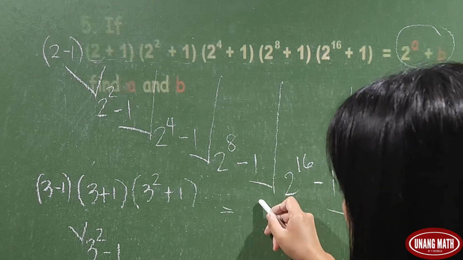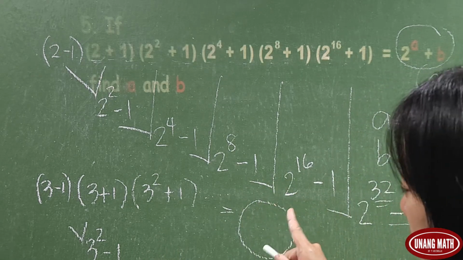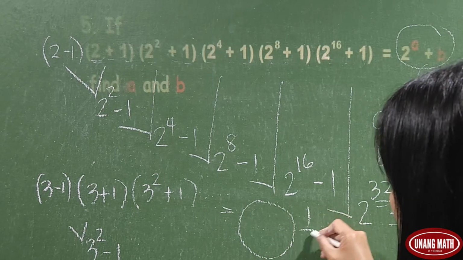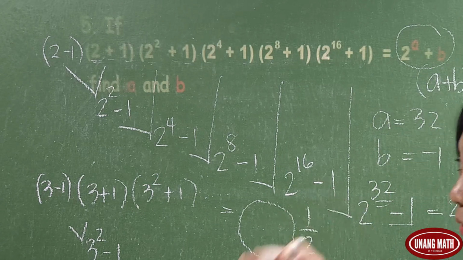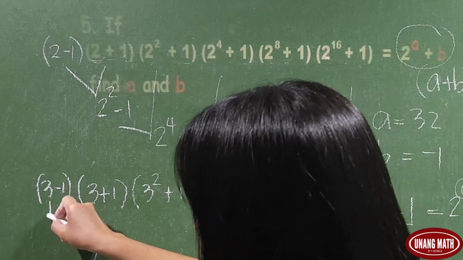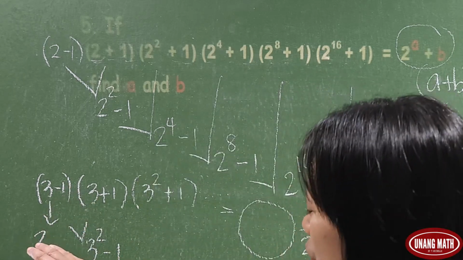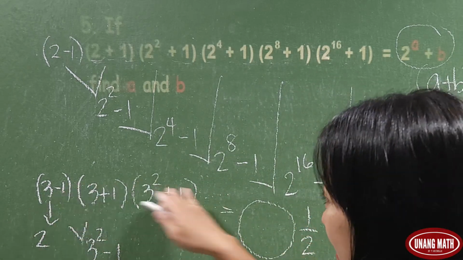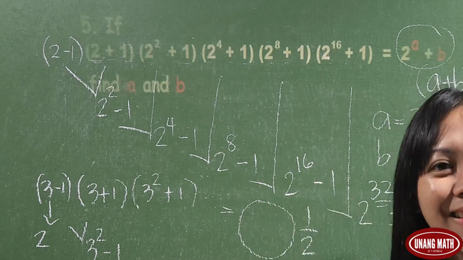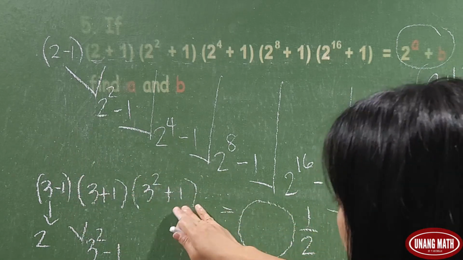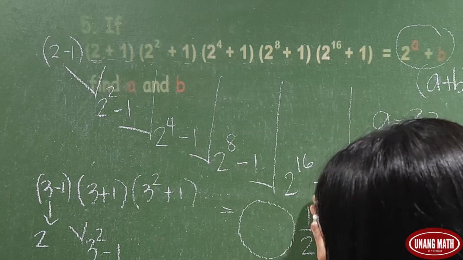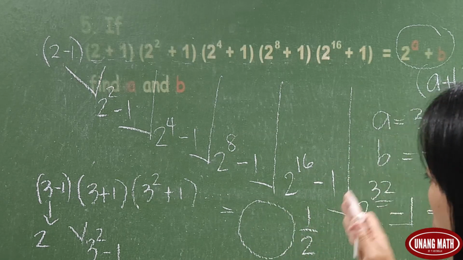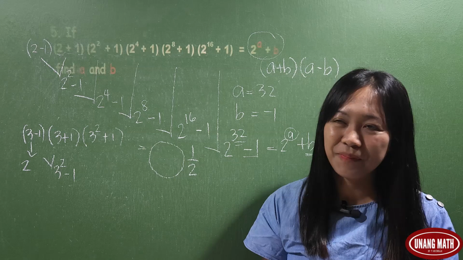Okay, the result here must be multiplied by 1/2. Because take note, 3 minus 1 is equal to 2. If we multiply 2 by this expression, we will not get the same expression. So the result here must be multiplied by 1/2.